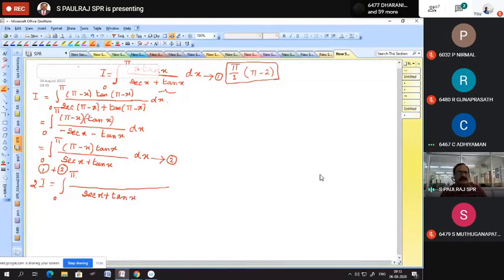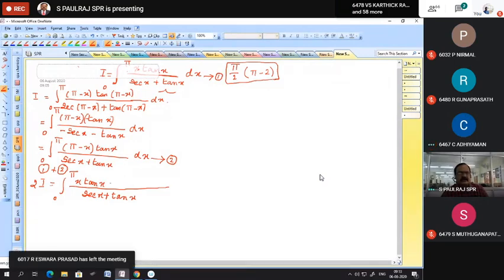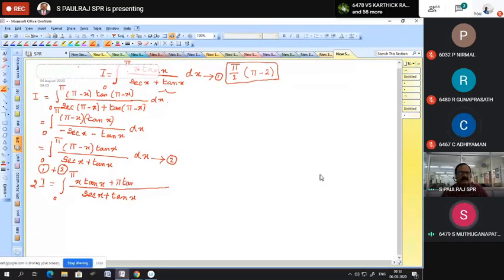How to write the numerator? x tan x plus pi tan x minus x tan x. The x tan x is cancelled.